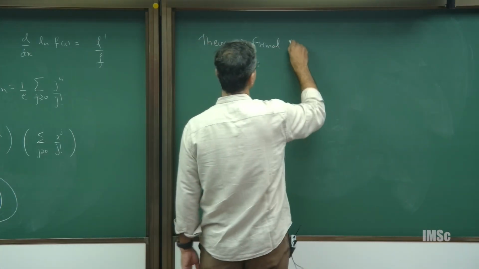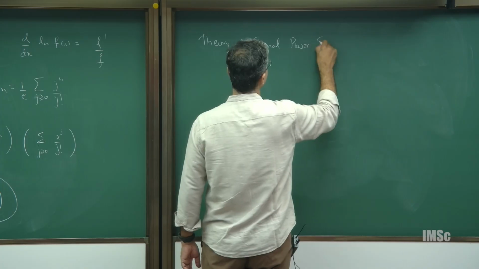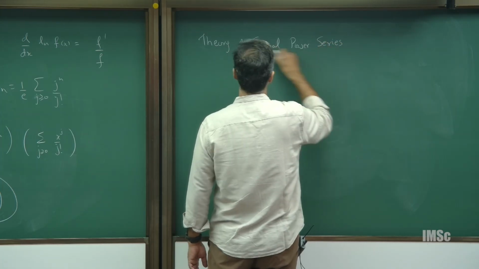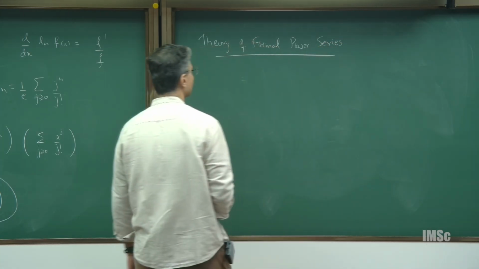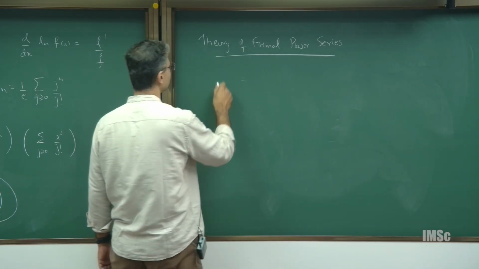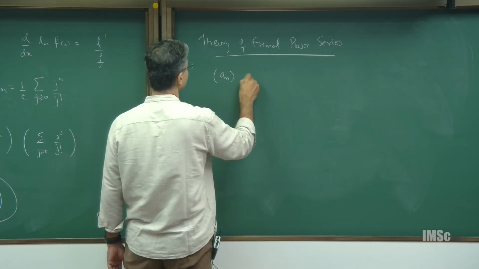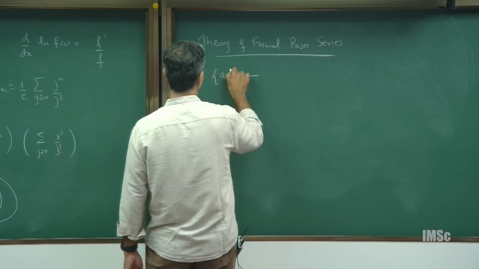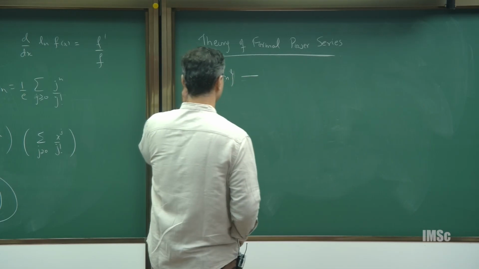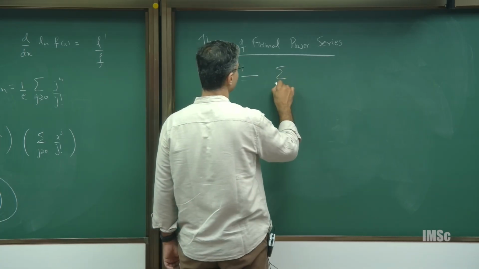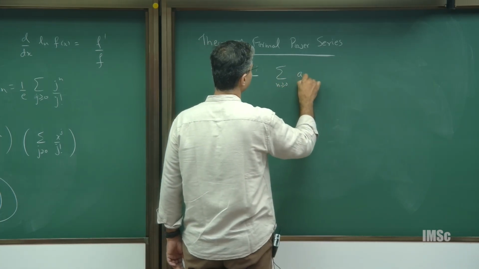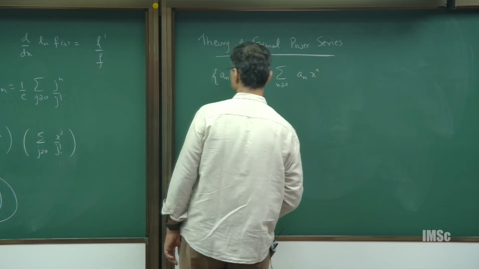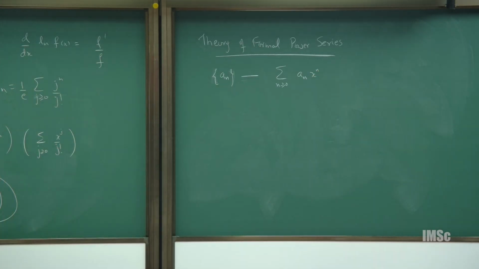So, we will start with formal power series. Okay. So what is that? If you have some sequence, you associate with it what we have been doing so far, the formal power series is just this sum, right?